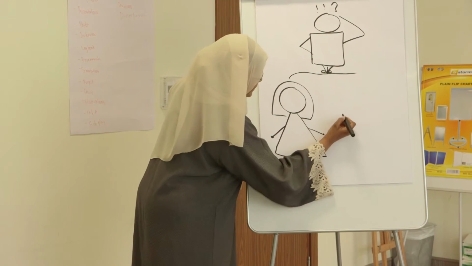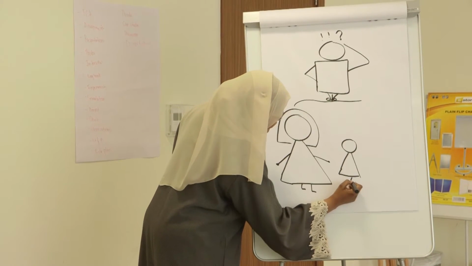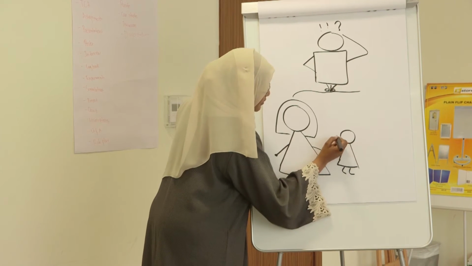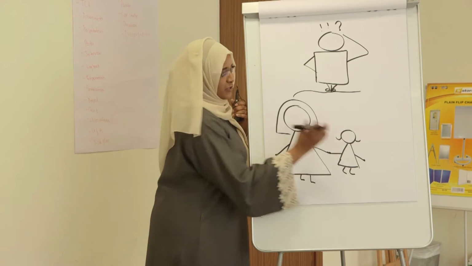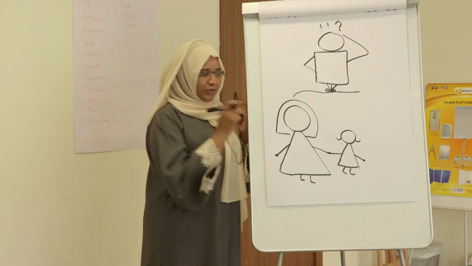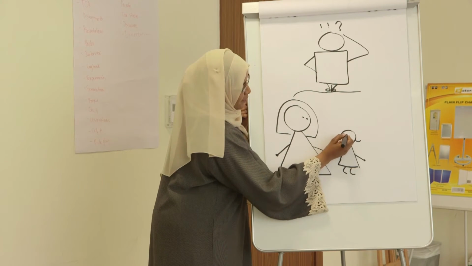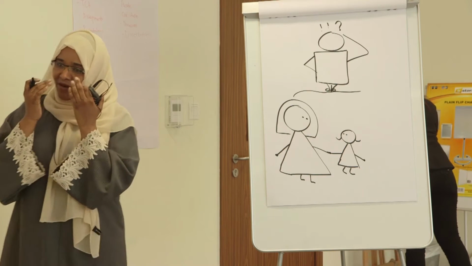And this is the daughter, her daughter beside her, walking. Look at this. The mother is looking towards her daughter, and the daughter is doing the same. How to show that? The dots of the eyes are on the side.